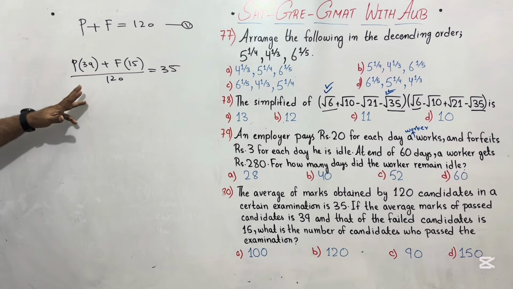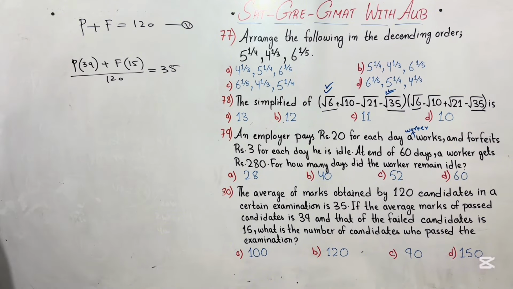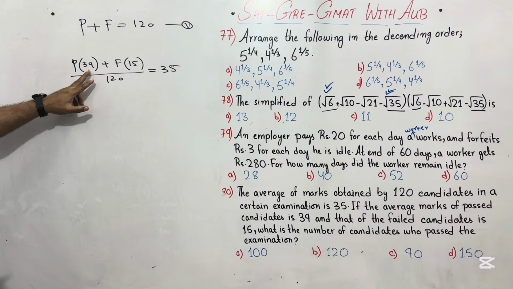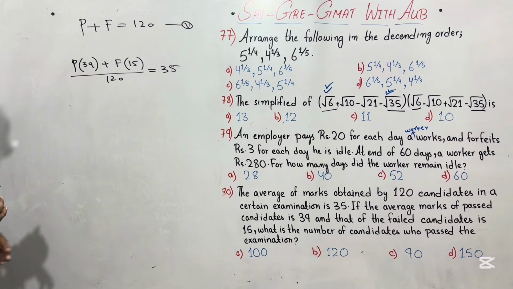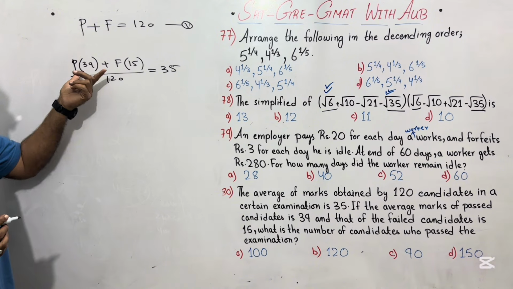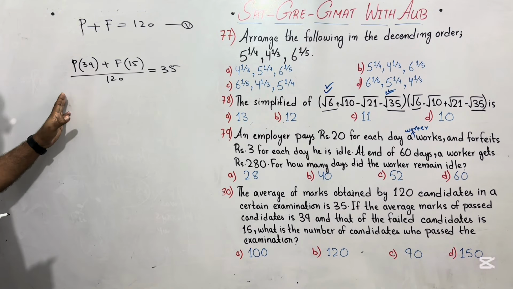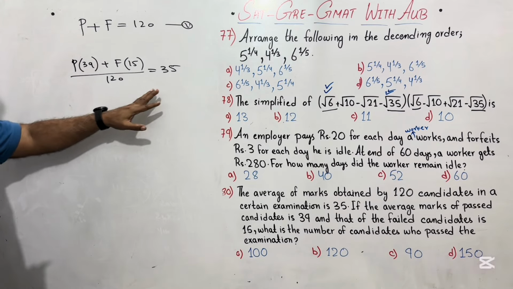There are two categories of students, passing and failing candidates. The average of the passing students is 39, the average of failing students is 15, and their collective average, including passers and failures, is 35.